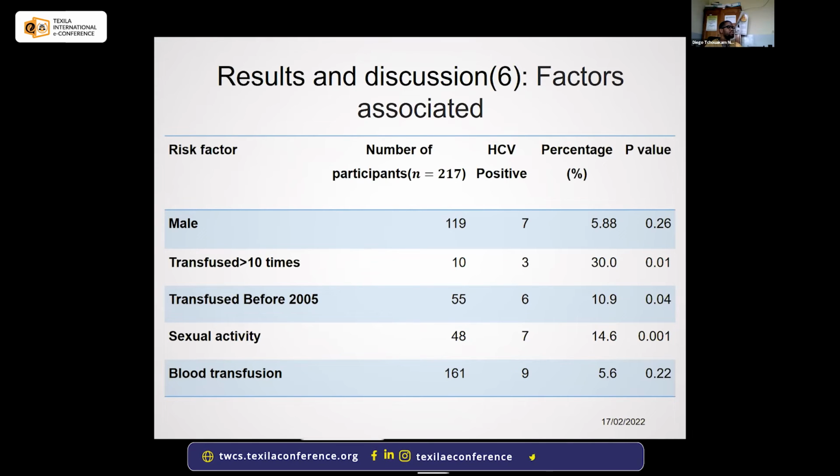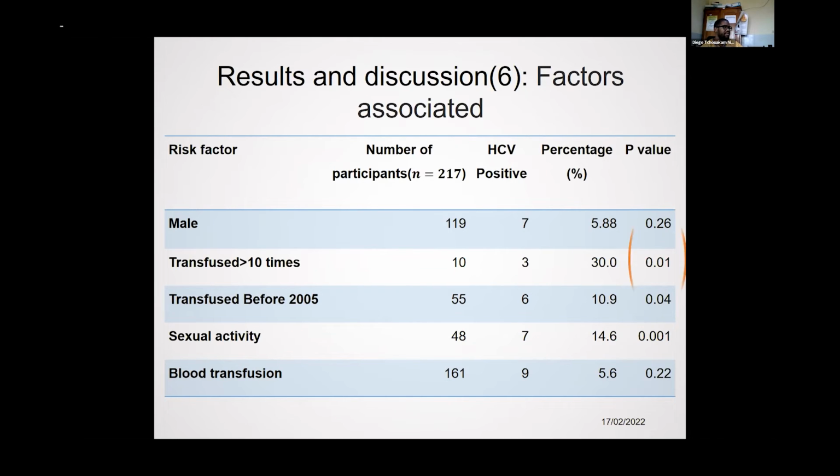Those who were transfused more than 10 times had a higher risk of being infected, and those who were transfused before 2005 also had a higher risk of hepatitis C. Sexual activity was also an increased risk of hepatitis C, and blood transfusion was an increased risk of hepatitis C.